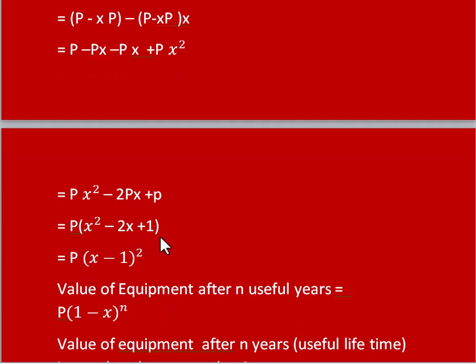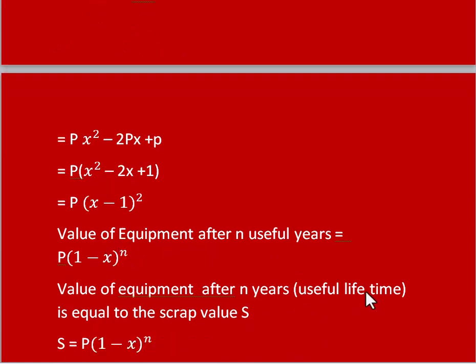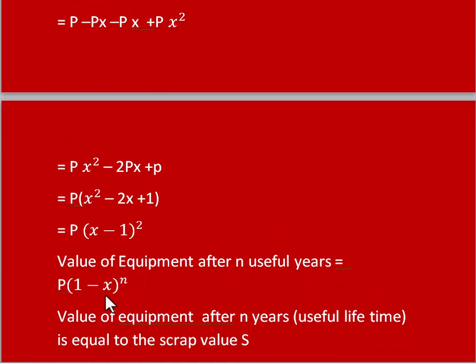This can be written in the a minus b whole square form, that is P into (x minus 1) whole square. Then the value of the equipment after n useful years, this is for 2 years, for n years it will be P into (1 minus x) whole power n.